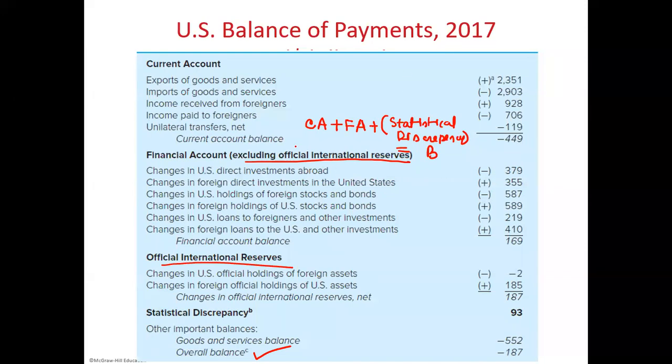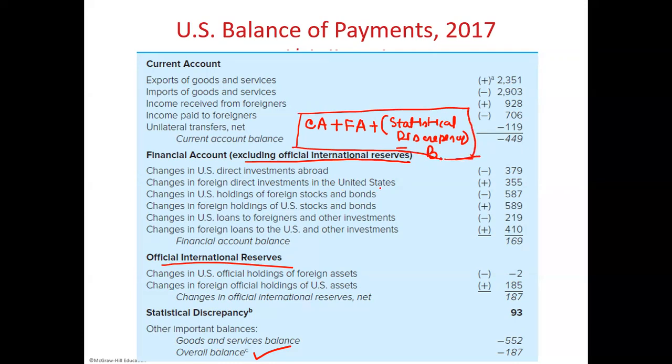B is the overall balance that is produced by summing up the current account balance, financial account balance, and the statistical discrepancy. You see the overall balance here for the US balance of payment. The author probably took it from US government data. So for the overall balance, they have used this definition, which I mentioned as the settlement balance.